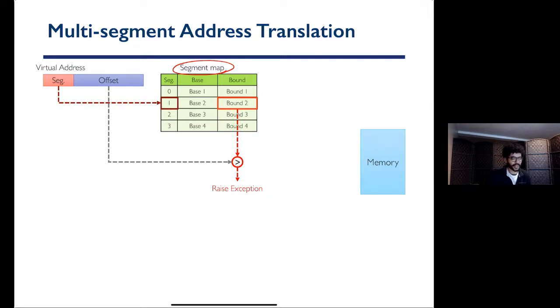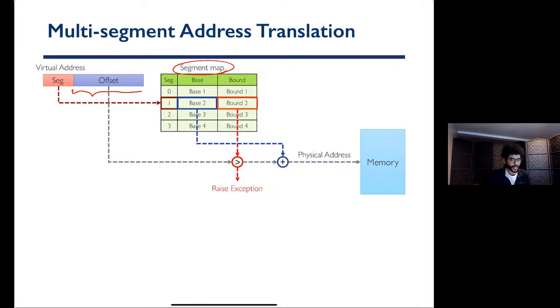I check the validity by just looking at the offset and checking it against the bound. If it is within the bound, everything is okay. If it is outside the bound for this segment, then I raise an exception. If no exception is raised, then I just add the base to the offset to get to my physical address.